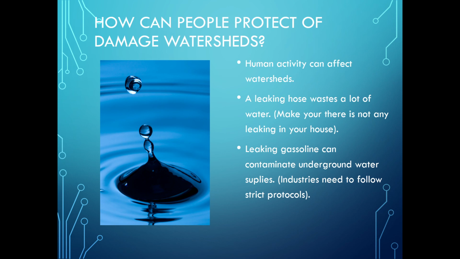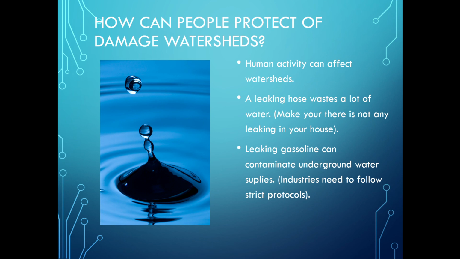But we have some other examples here. Leaking gasoline can contaminate underground water supplies. Let's suppose that one of the gas stations that we have right here has a leaking part as well. One more time, just a few drops of gasoline are not really going to affect the environment. But if it continues over and over, gasoline is going to contaminate the ground, and after a while, it is going to contaminate underground water supplies.